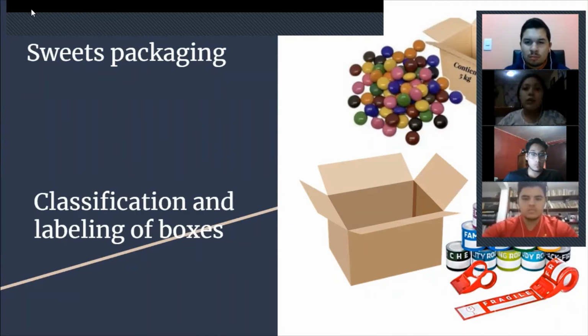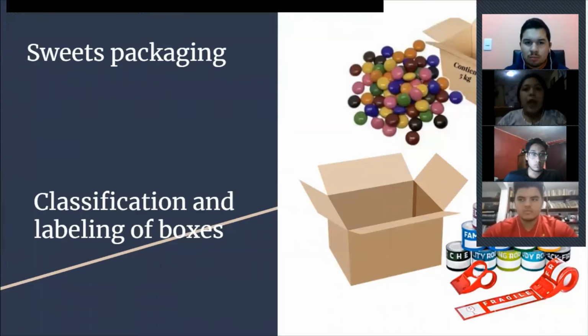The classification and labeling of the boxes is done by another person who reviews the content and puts on a specific label to finish the process. The boxes are stored in the closet, which is handled by another person.